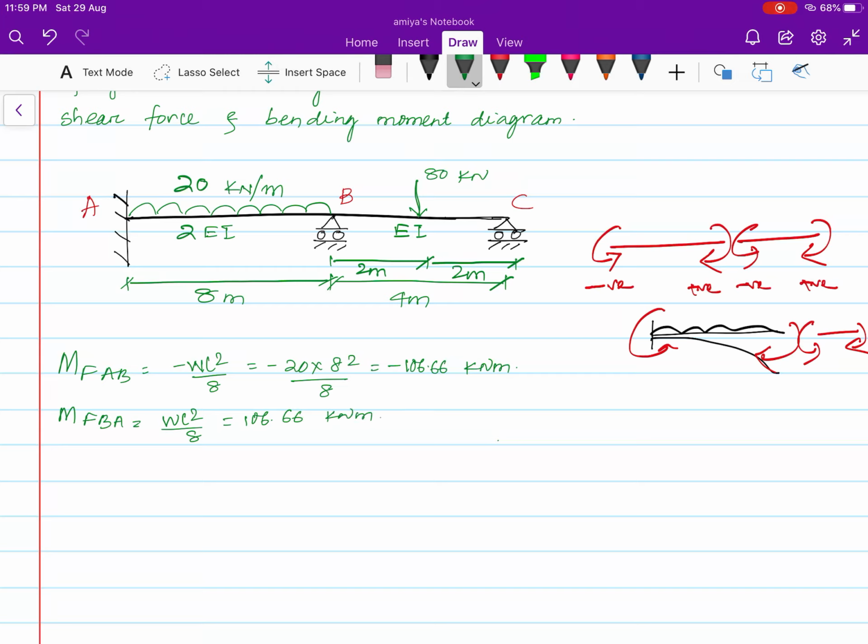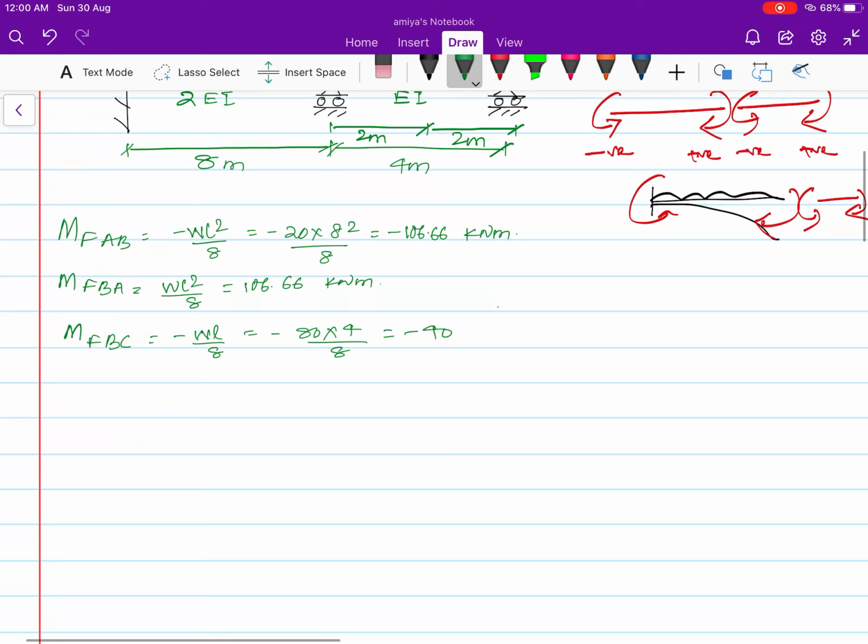Now for the span BC, fixed end moment FBC is minus WL by 8, this is for point load. So minus 80 into 4 by 8, it is minus 40 kilonewton meter. Similarly fixed CB will be positive WL by 8, that is our 40 kilonewton meter.